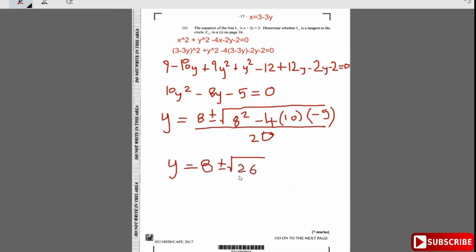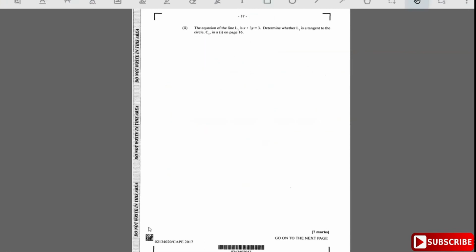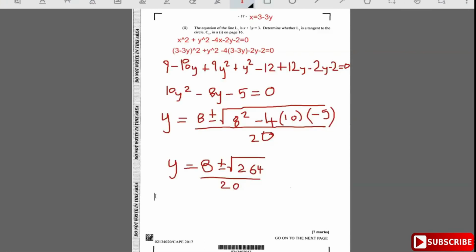over 20. So what does this mean? This means I'm getting 2 points of intersection. So I can stop right here and say, since the discriminant, which is equal to 264, which is greater than 0, we are getting 2 points of intersection, and so the line is not a tangent line.